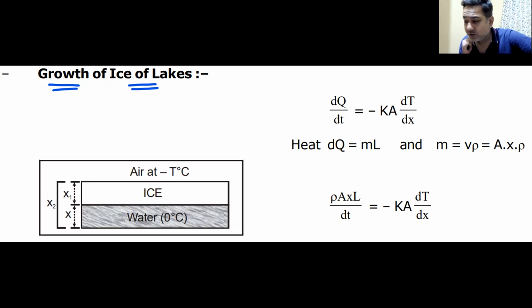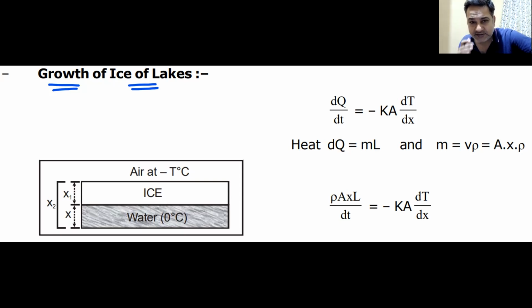That is the first point that you will note down. Lake always freezes from top to bottom. Yes or no? Yes, sir. Why does this happen? Because of anomalous expansion of water from 0 to 4 degrees Celsius.